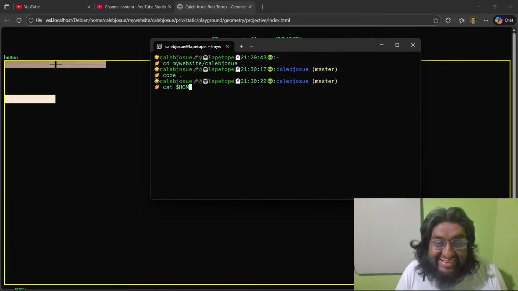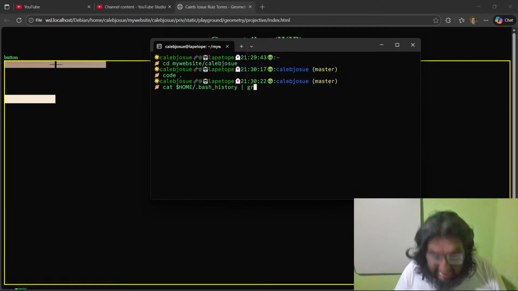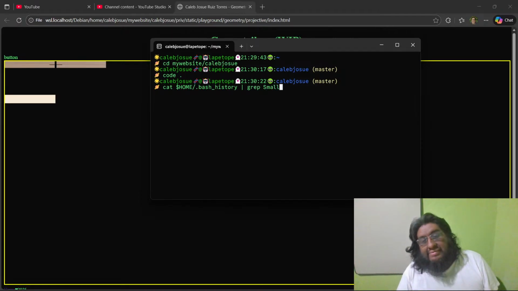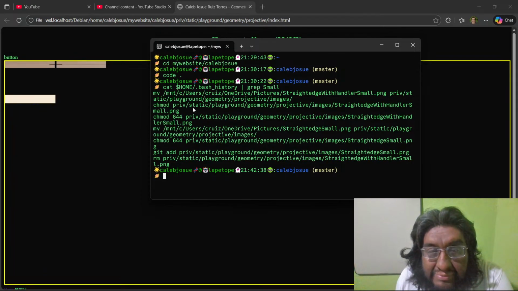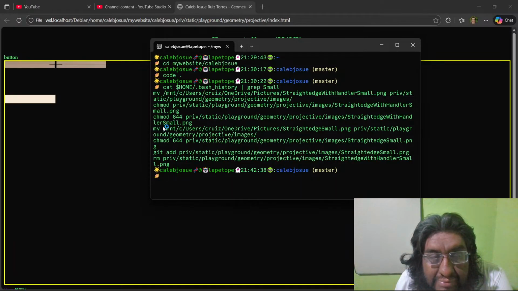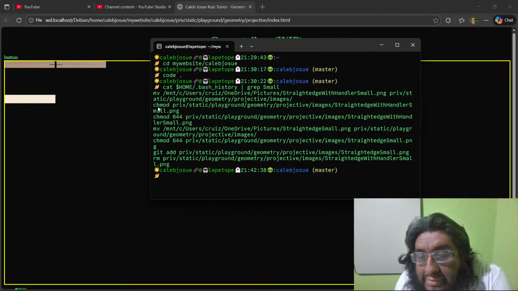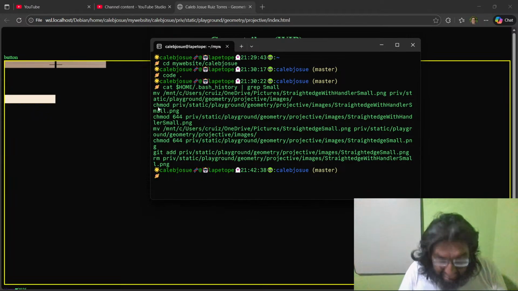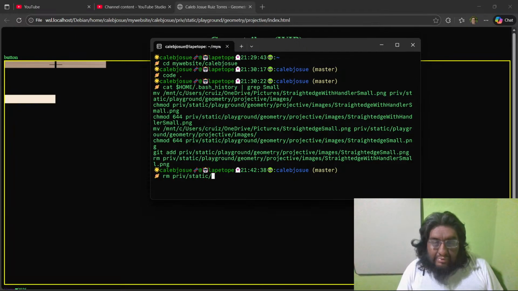Where is this symbol? Yeah, small static layer.